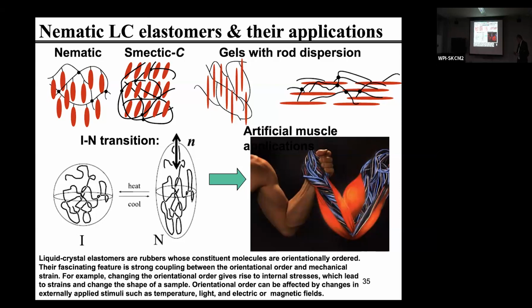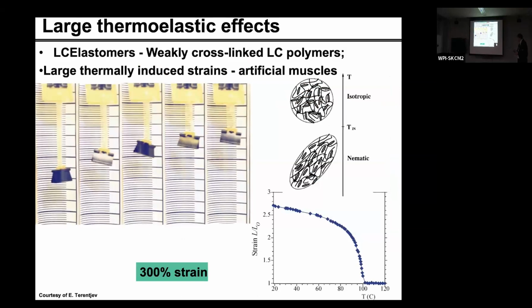And this combination of liquid crystalline ordering and properties of rubbers that we integrate in a single system is particularly interesting because it can allow us, for example, to develop artificial muscles, all kinds of actuators, and so on.